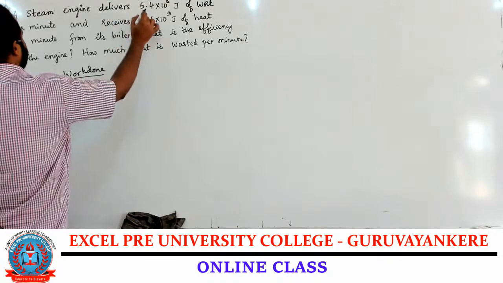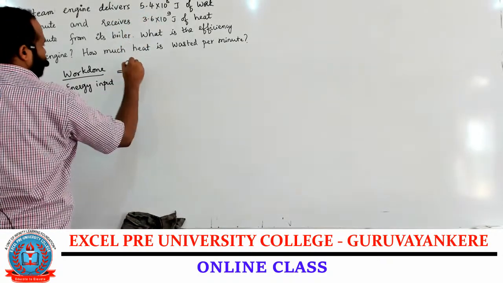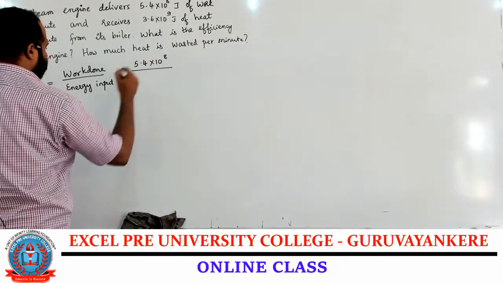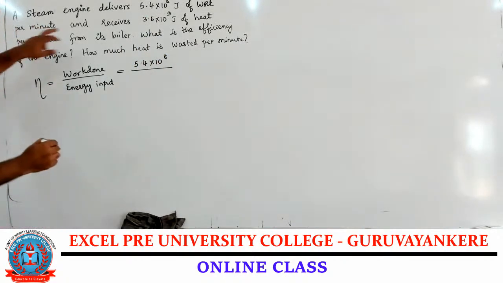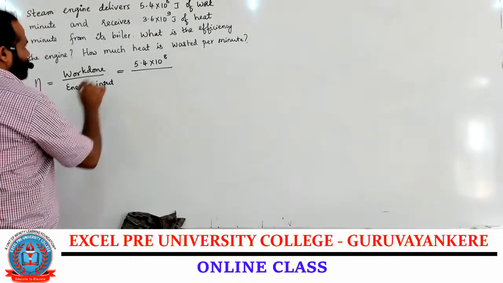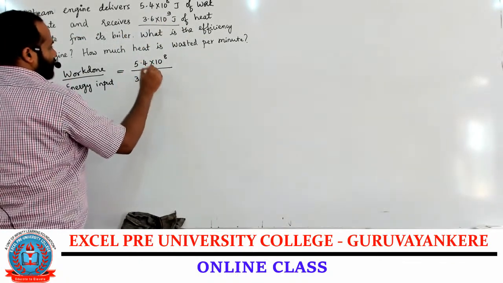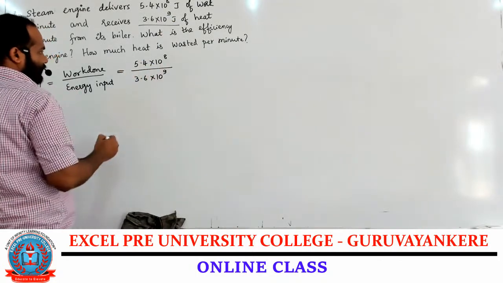So work done is 5.4 into 10 to the power 8 divided by the energy it receives, that is 3.6 into 10 to the power 9.